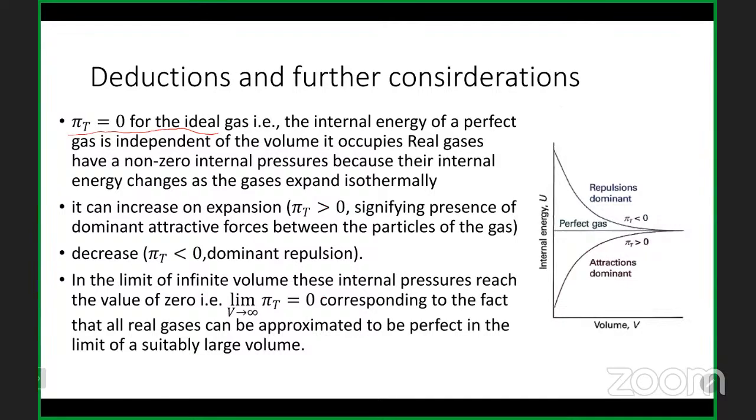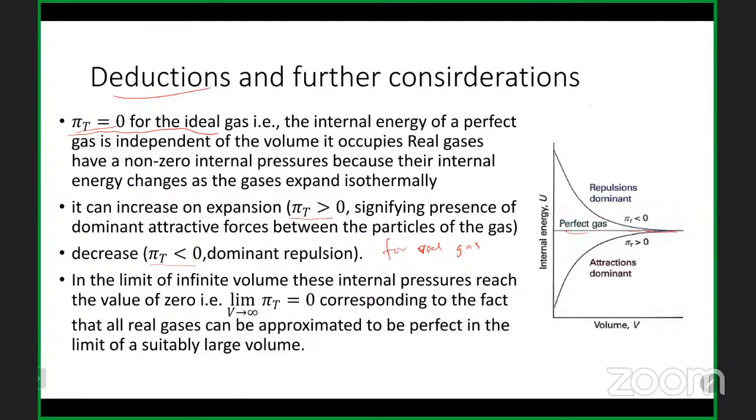So, generally, deductions and further consideration. For an ideal gas, which is referred to as a perfect gas, pi T equals 0. It is possible that pi T is greater than 0 or less than 0 for a real gas, depending on whether the gas molecules are attracting or repelling themselves.